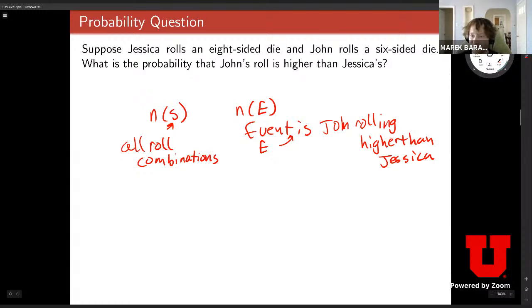So I don't think you get my screen when you're in a breakout room. So take it down. Does everyone have this down? Or enough people? And try to come up with the probability. So we're trying to find the probability of the event, which is equal to the number of E divided by the number of S. So give you a second to take that down, and then I'll put you in breakout rooms.